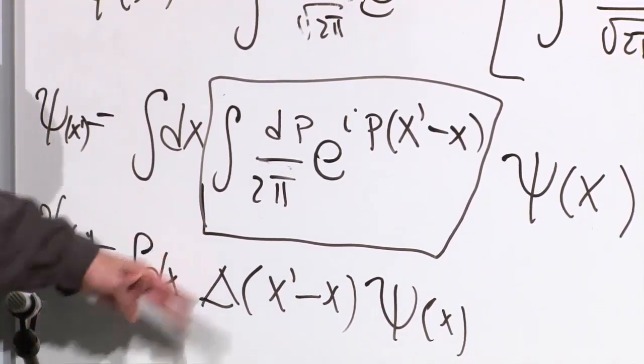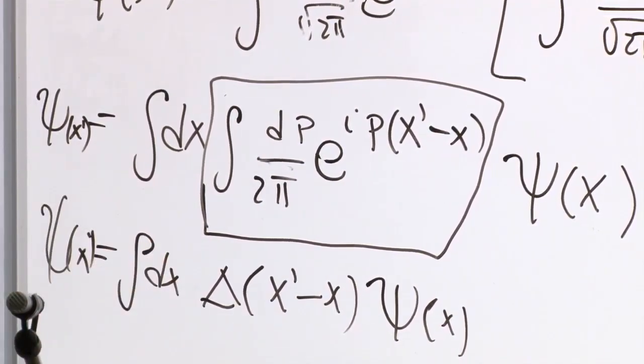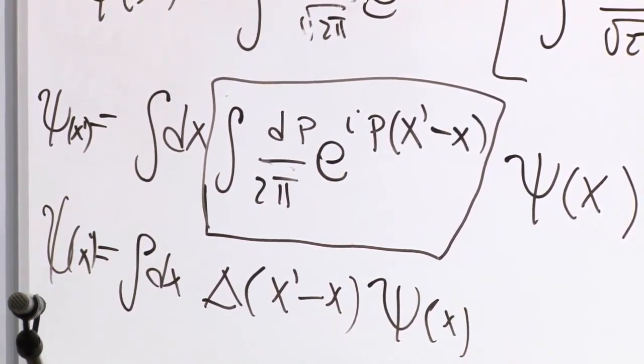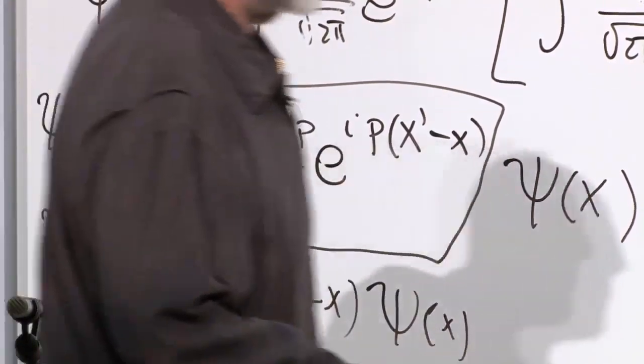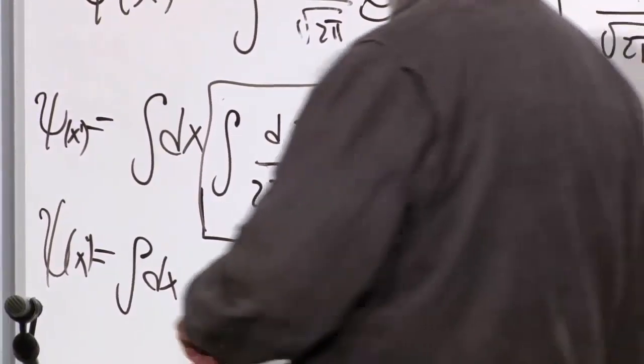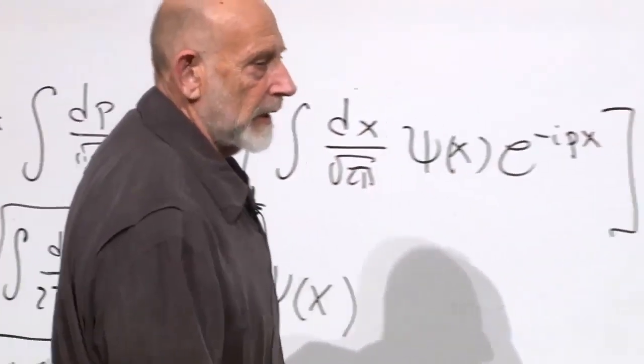What does it tell you about this capital delta function? It's just a good old Dirac delta function. So we've proved an interesting relationship, and one that is at the heart of many, many things in quantum mechanics.